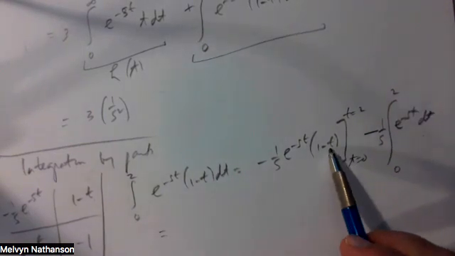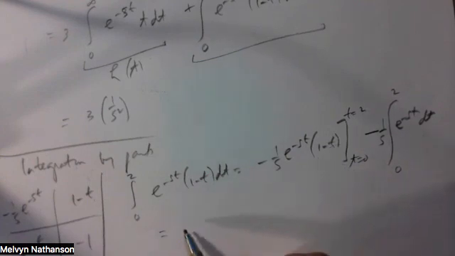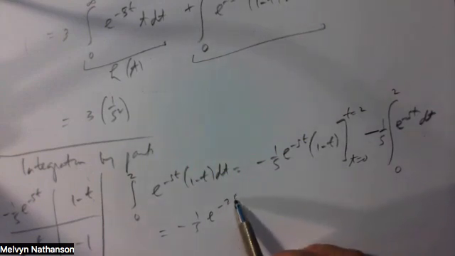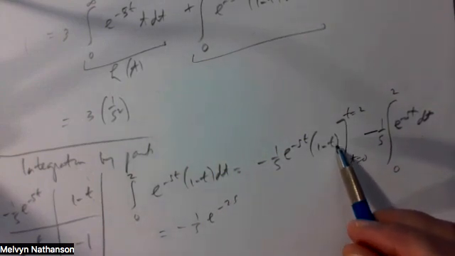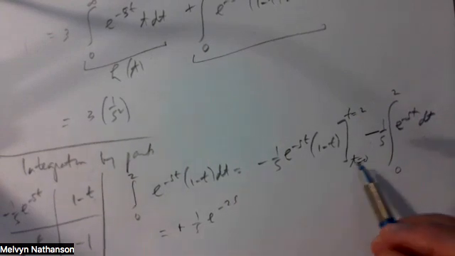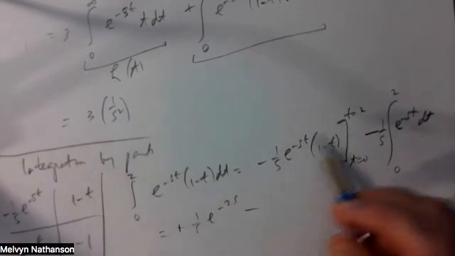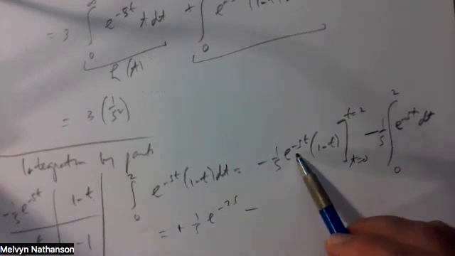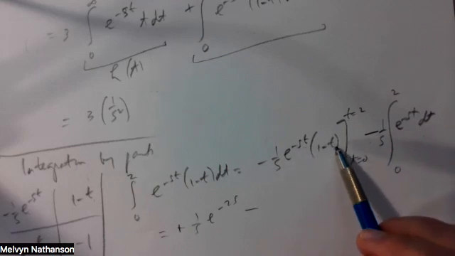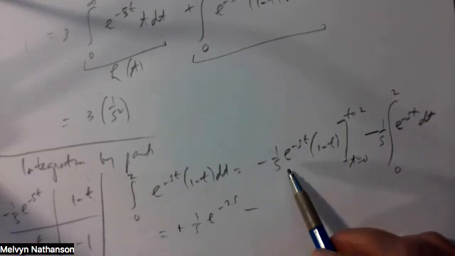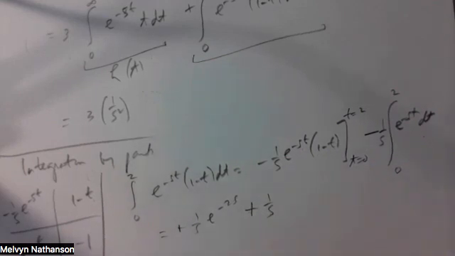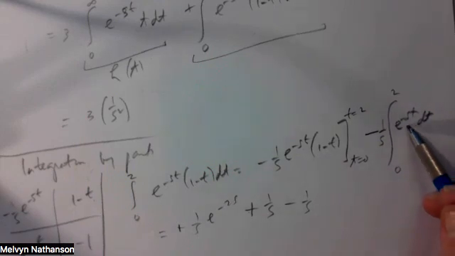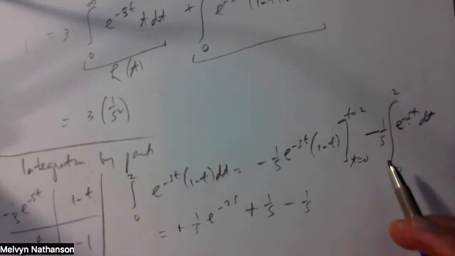So let's see, if I evaluate this at 2, I get minus 1 over s, e to the minus 2s, 1 minus 2 is minus 1, makes this a plus, minus this evaluated at 0. When you evaluate this at 0, e to the 0 is 1, 1 minus 0 is 1, I get minus 1 over s. And this integral, what is the integral of e to the minus st?